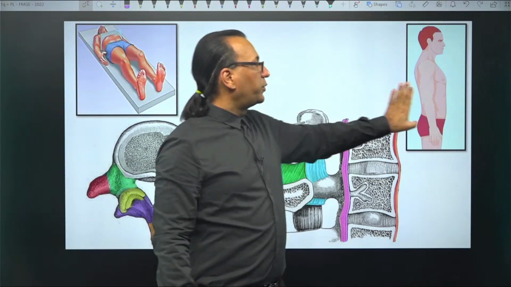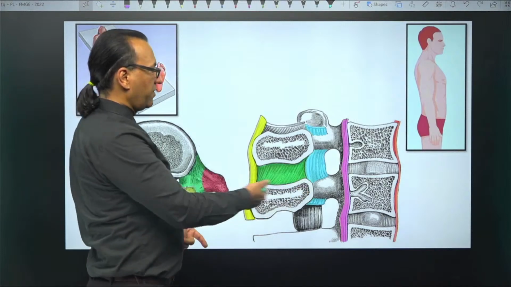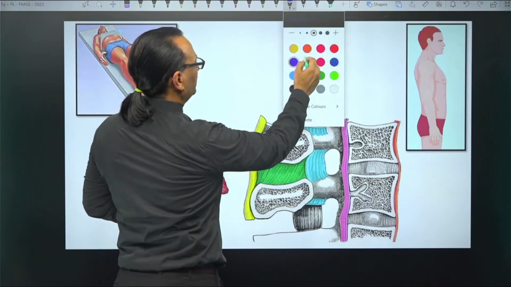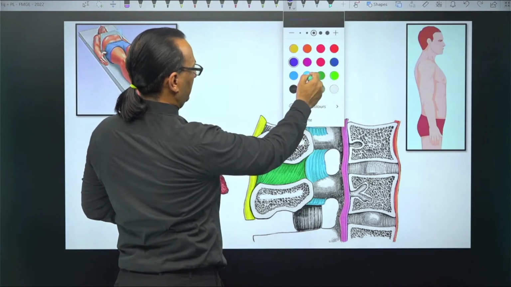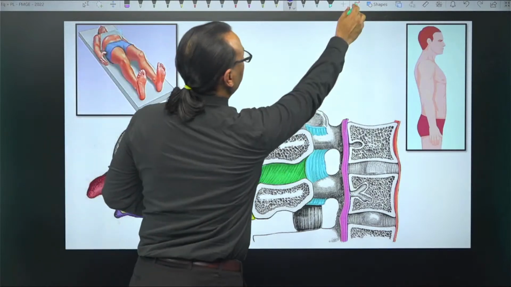Sagittal means anterior to posterior, you have taken a section. So, where is our needle? Let us take a darker color. Our needle is going this way.